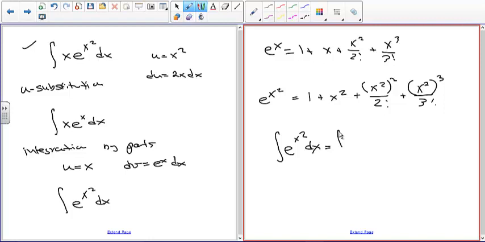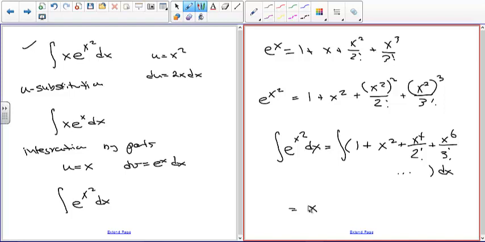And therefore, the integral of e to the x squared dx is the same as the integral of 1 plus x squared plus x to the fourth over 2 factorial plus x to the 6 over 3 factorial, and it would have an infinite number of terms, dx. Then all you have to do is the polynomial integration.